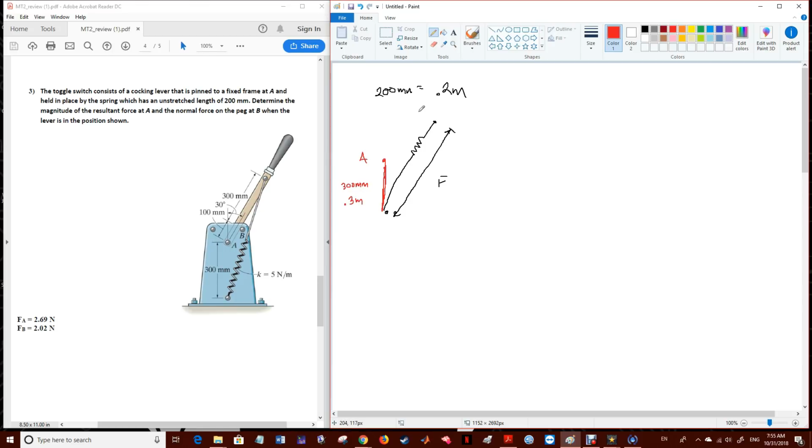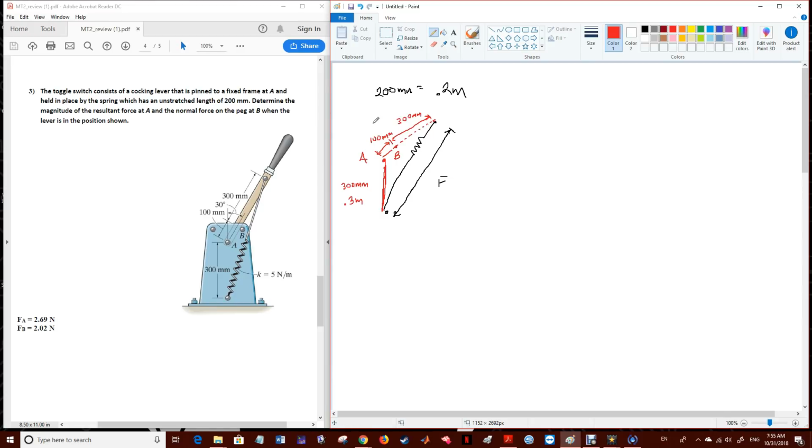And then additional information is given. For example, B, which is located here, now exists along this other incline where the distance between A and B is 100 millimeters, and then the subsequent distance from B to this point of interest is 300 millimeters.